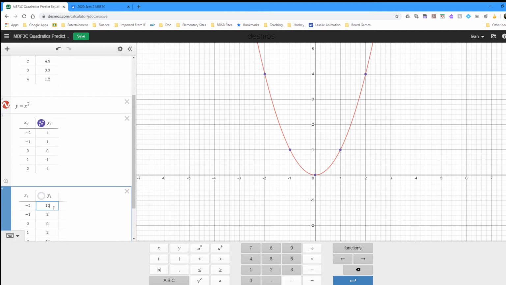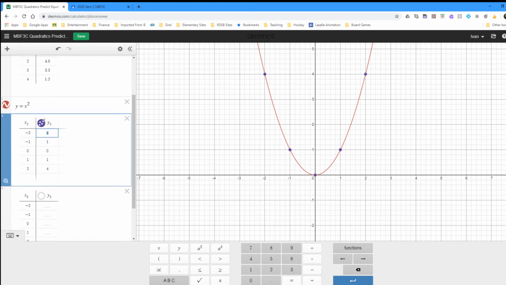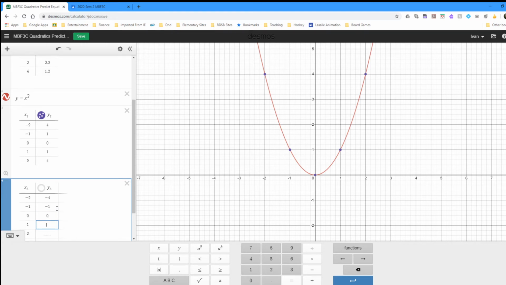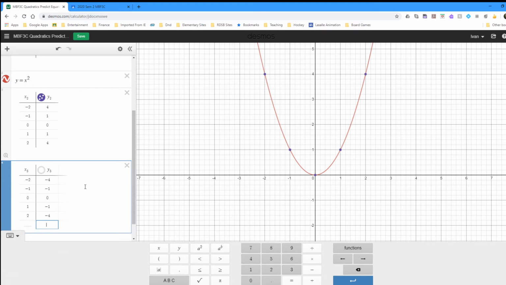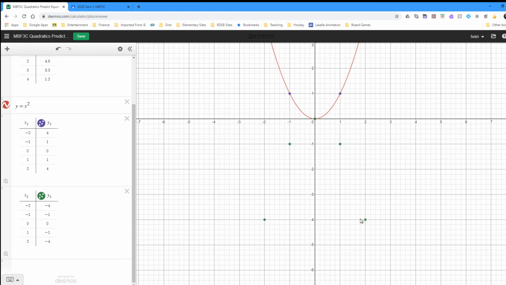So what I'm going to do to show you that is I'm going to plot all of the regular y values from our original parabola with a negative number in front of them. So -4, -1. Now 0 negative is still 0. Again, -1 and -4. And if we turn that parabola on, it is a perfect parabola, but is now upside down.